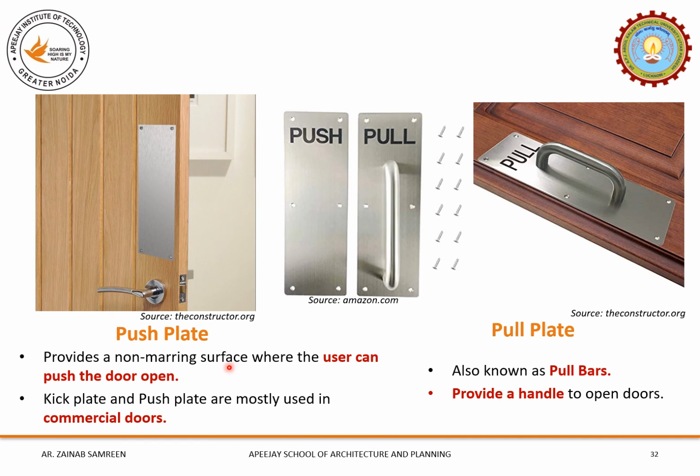This is the push plate and this is the pull plate. You can see here, this pull plate is placed usually where a handle is provided. It is also known as pull bars.